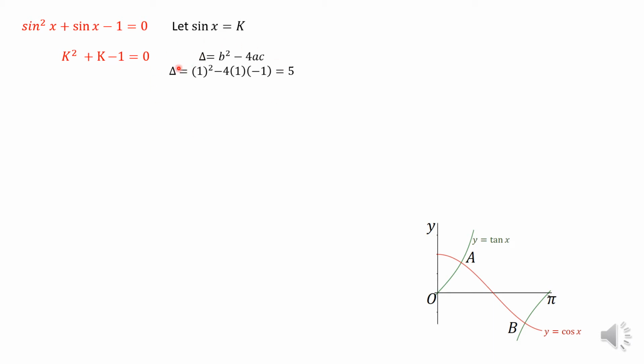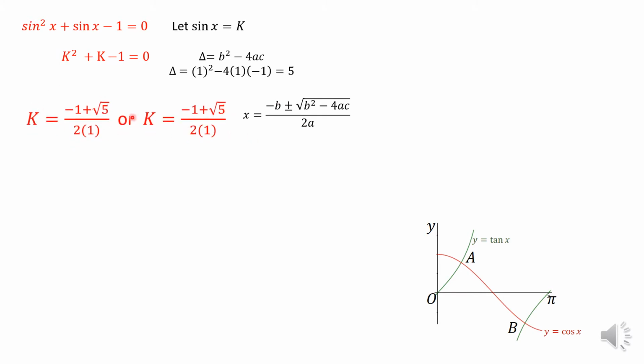So I'd like to work out the discriminant, but remember the discriminant is just that value under the root, okay? And then you put in your b and you put in your a. Well, you should arrive at these particular values here, that k is equal to 0.618 and negative 1.618. Right. Okay, so this is k, but we're not looking for k, we're looking for sine x. So let's bring sine x back.